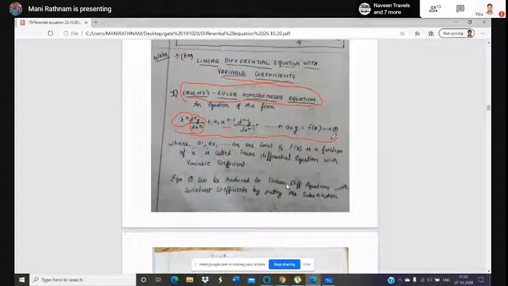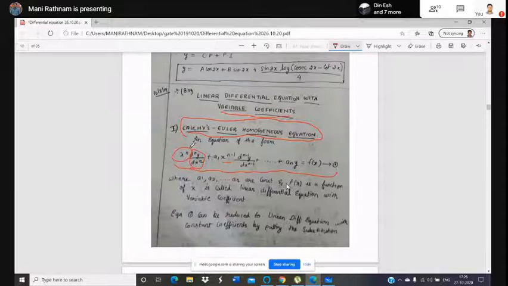How to solve the variable differential equation? Directly it's not possible. With the help of some substitutions, we can convert this variable differential equation into a constant coefficient differential equation. Here the coefficient is variable.